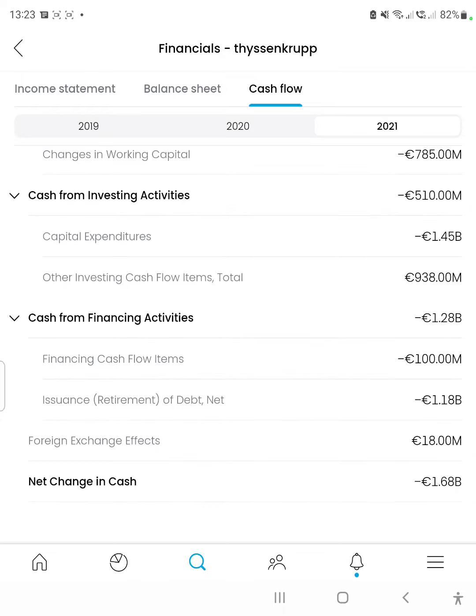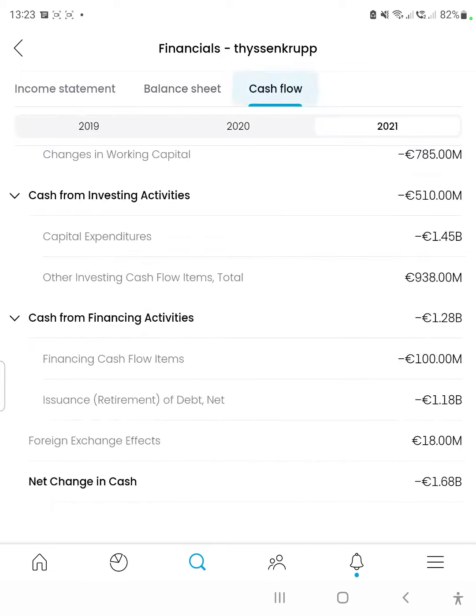Lastly, in financing activities, the company spent 1.28 billion euros, the bulk of which went to reducing debt, as we saw the liabilities figure decrease in the balance sheet, and the net change in cash for the last financial year was 1.68 billion euros negative.